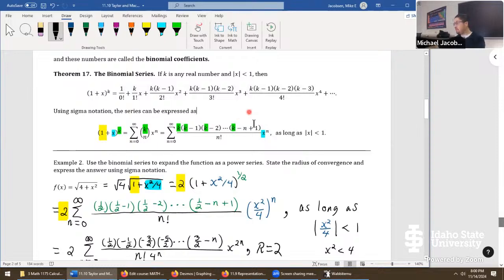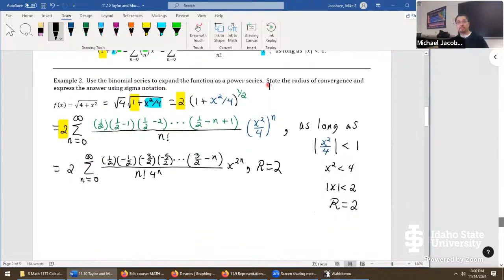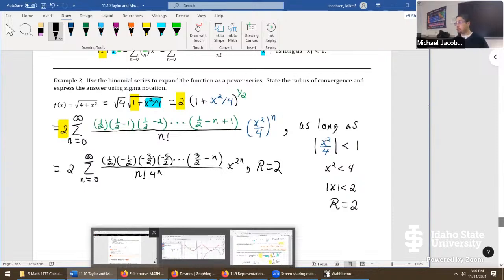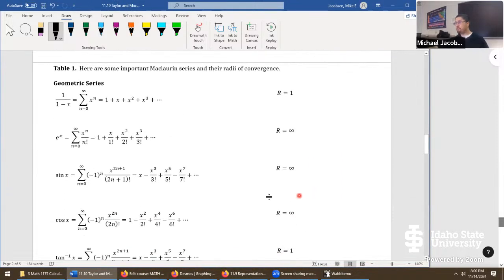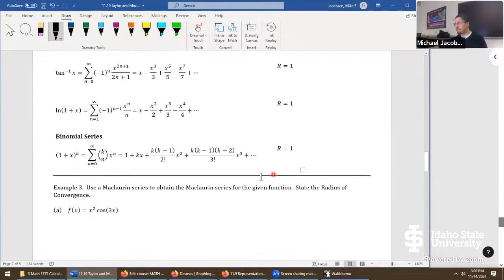But that's one application. We don't have too much more time, so I just wanted to indicate what the next applications were going to be when we come back on Monday's class. We're going to use all these kinds of series to essentially redo the last exercise, but for stuff like this. We're not going to come up with the Maclaurin series from scratch. That's a lot of work for this kind of function.